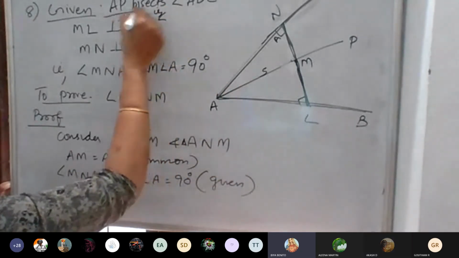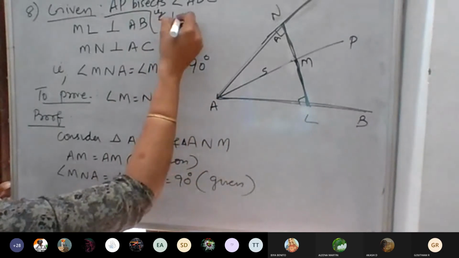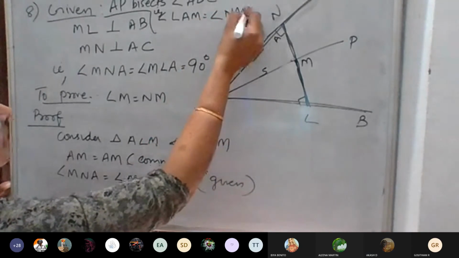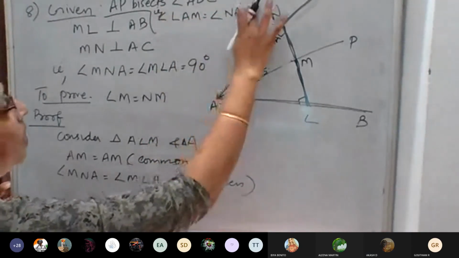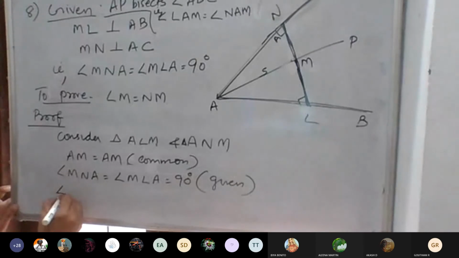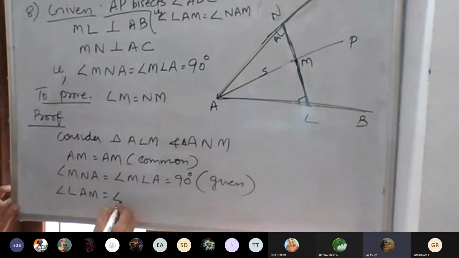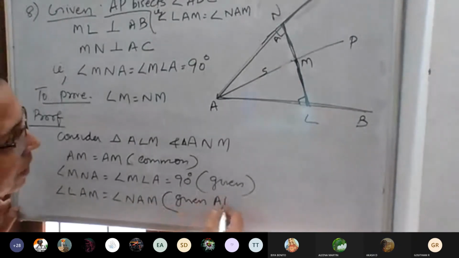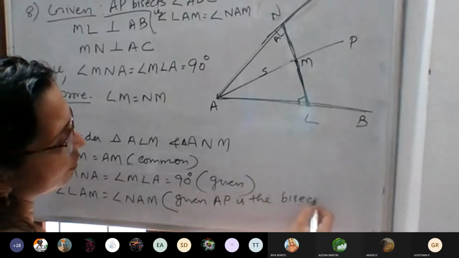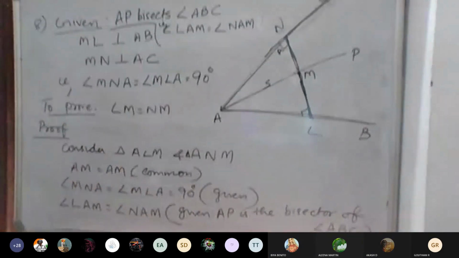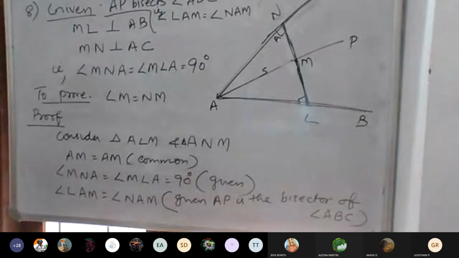So that also you write in the given part, as the third point: angle LAM is equal to angle NAM, because AP is the bisector of angle BAC. So this angle is equal.